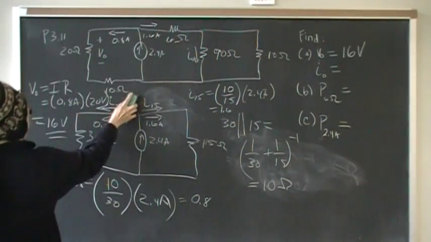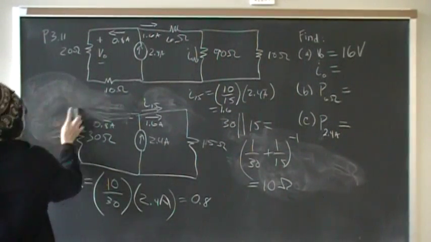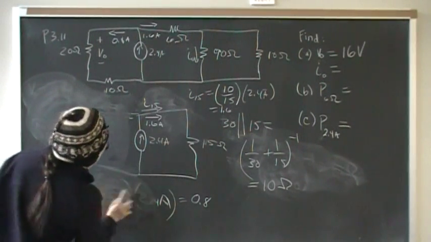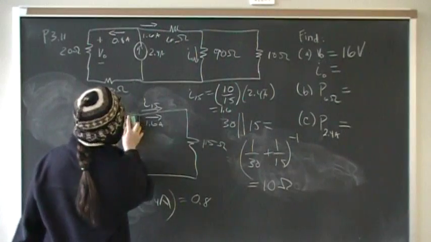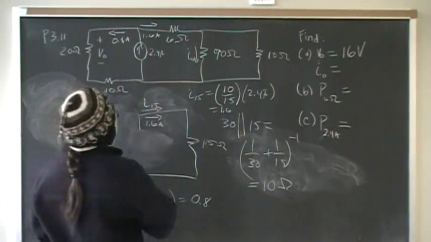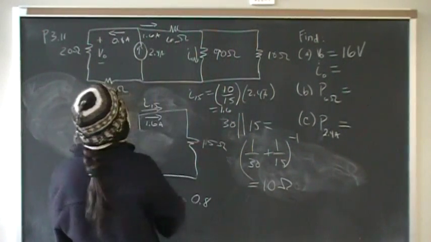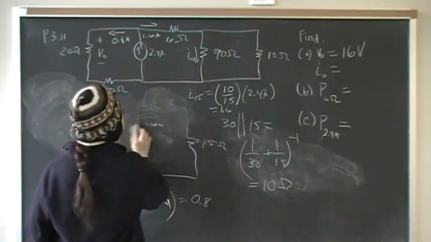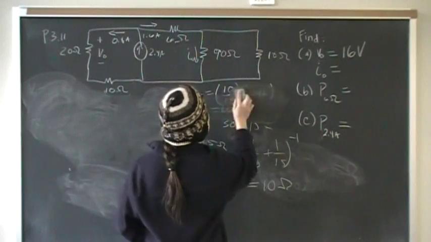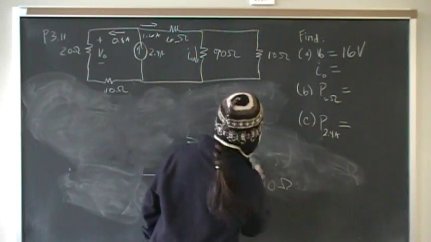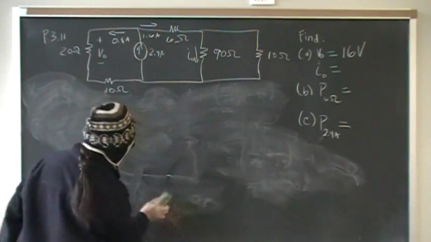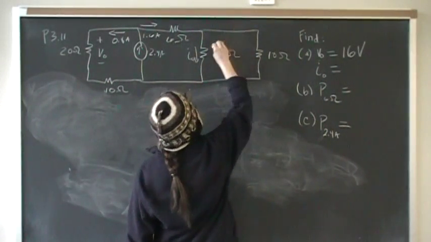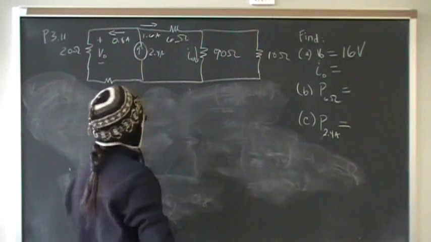And now I'm going to erase all this. Now I want to find what that current is. We know 1.6 is going through here, and it will split into two currents. Again, we apply current division to solve this problem. That means we need to find the equivalent resistance here and divide that by the branch we're looking for.